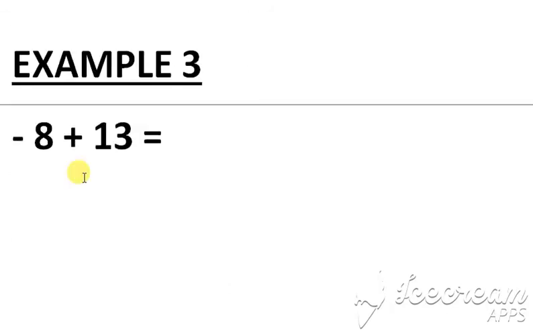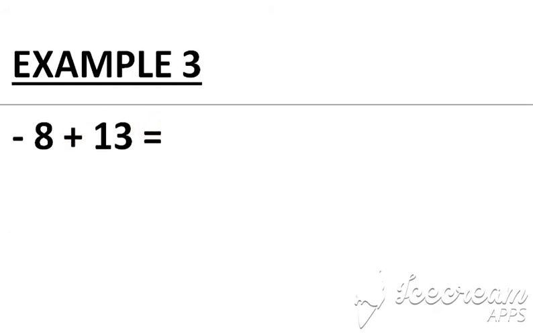Let's look at example 3. Example 3 says negative 8 plus positive 13. In this case, they have two different signs. The bigger number is what? 13. Since 13 is the bigger number, you look at the sign. What is it, positive or negative? It's positive. That means your final answer will be what?